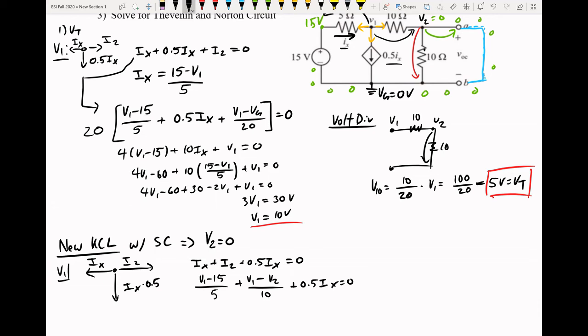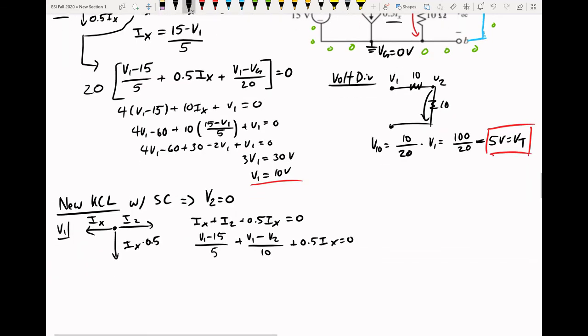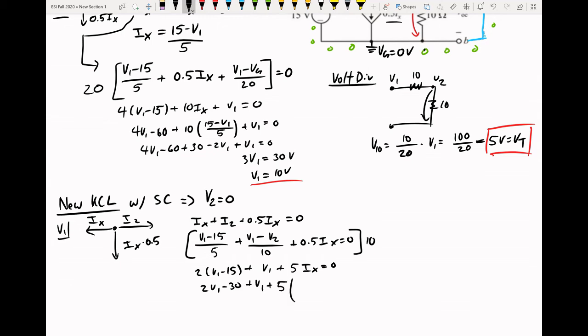And then now what we'll do is we'll solve for v of 1. So we'll come in here, do a similar process, multiply everything by 10. So this will be 2 v of 1 minus 15 plus v of 1 plus 5 I of x is equal to 0. But then now we plug in I of x: 15 minus v of 1 over 5.